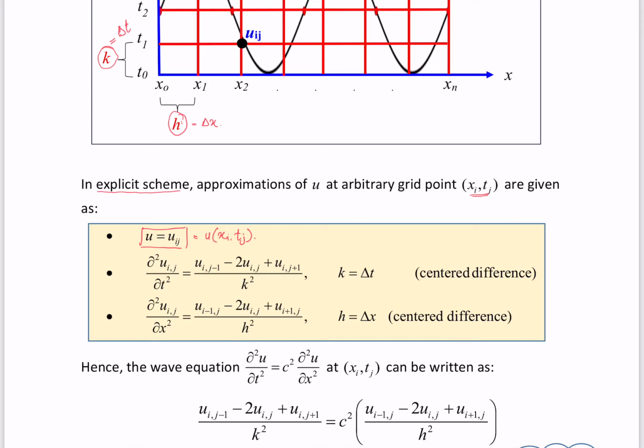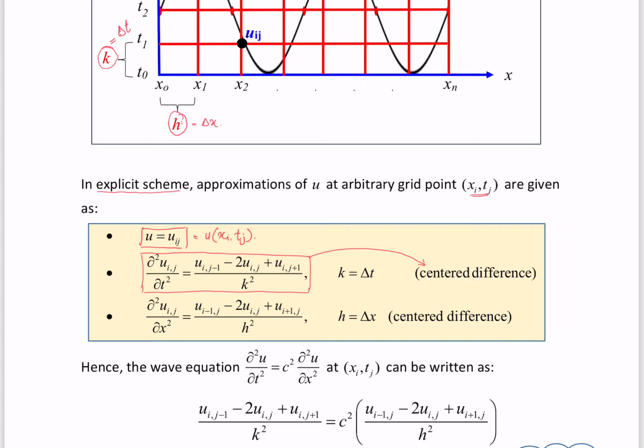And if you see in our wave equation, we have partial squared u, partial t squared on the left hand side. So for this wave equation, we will approximate partial squared u, partial t squared with centered difference. Please bear in mind we will use centered difference. So this is what you will get: u(i,j-1) minus 2 u(i,j) plus u(i,j+1) divided by k squared.